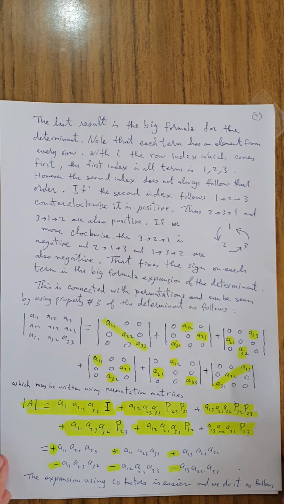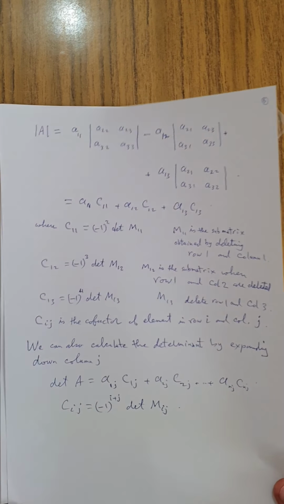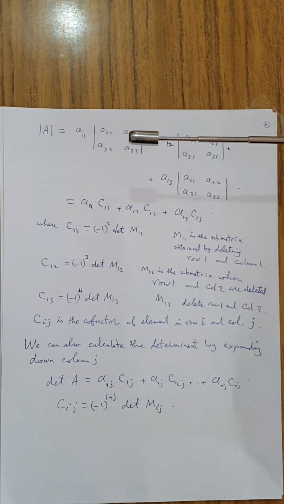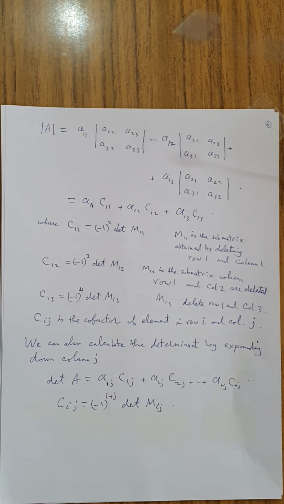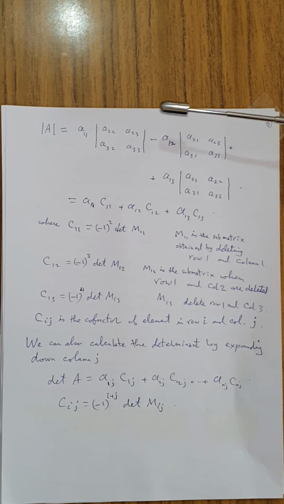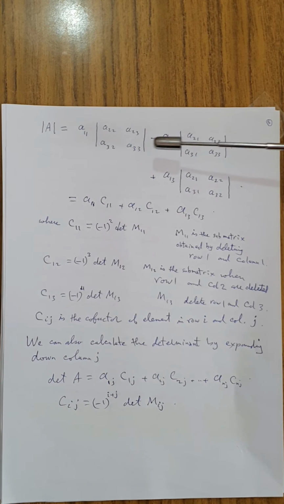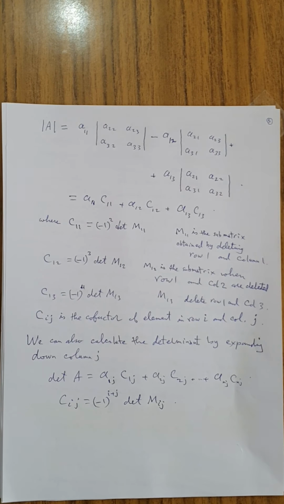Now the expansion using cofactors is easier, and we do it as follows. By deleting the first row and first column, we have A11. So we are expanding by the first row. A11 times the subdeterminant obtained by deleting row 1, column 1.